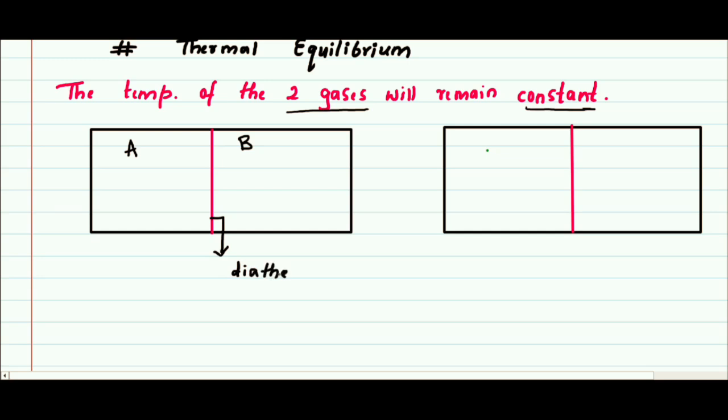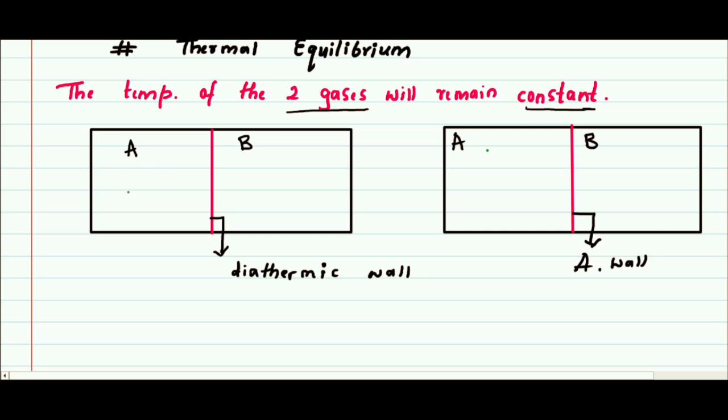So what is a diathermic wall? As we have discussed just now, a diathermic wall is that wall which allows the heat to flow from one system to another system. Here we have taken an adiabatic wall. I have written it in short form, A means adiabatic, and here also we have considered the two systems, that is system A and system B.